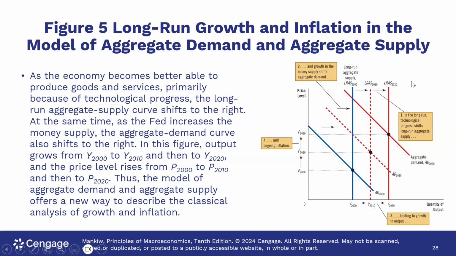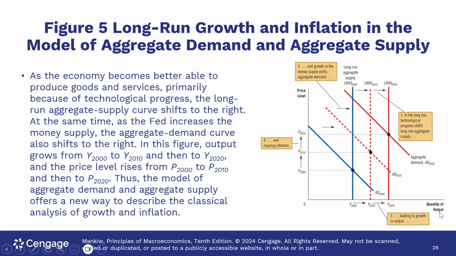All right. So it's a rightward shift of the vertical line. And then when the Federal Reserve increases the money supply and reduces the interest rate, you can see the entire aggregate demand will increase. So it's a kind of parallel shift to the right.